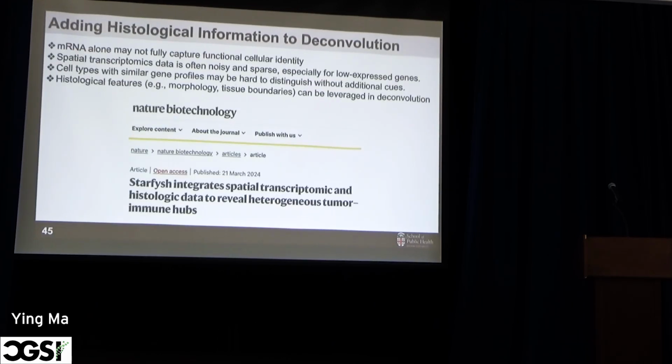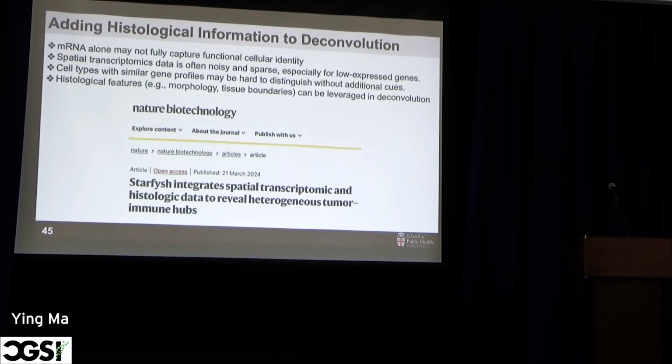So I think two years ago, some methods were published in very good journals like Nature Biotech. They started to add histological information for the deconvolution because mRNA alone may not fully capture the functional cellular identity. And spatial transcriptomics data is often noisy and sparse, especially for lowly expressed genes.